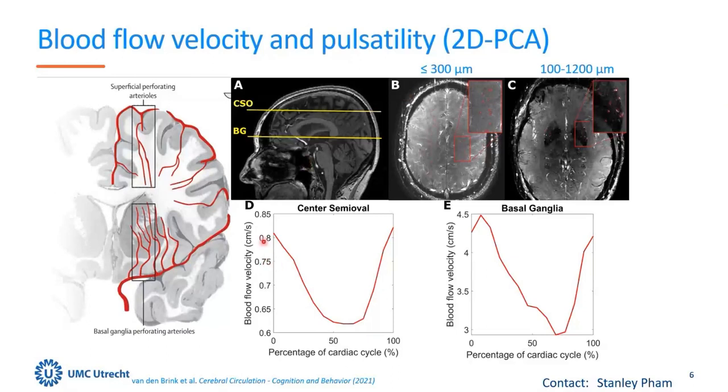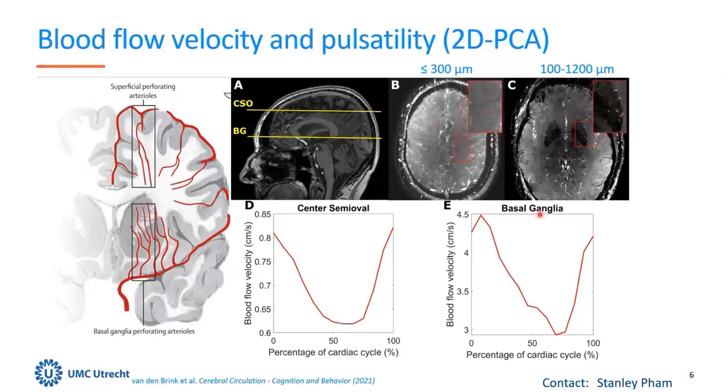We can measure the velocity over the cardiac cycle, which is denoted in image D here. So this is the mean blood flow velocity of all the detected arteries in the centrum semiovale. And we can do the same thing in the basal ganglia. Here, the arterioles are about 3 times larger, approximately a millimeter.